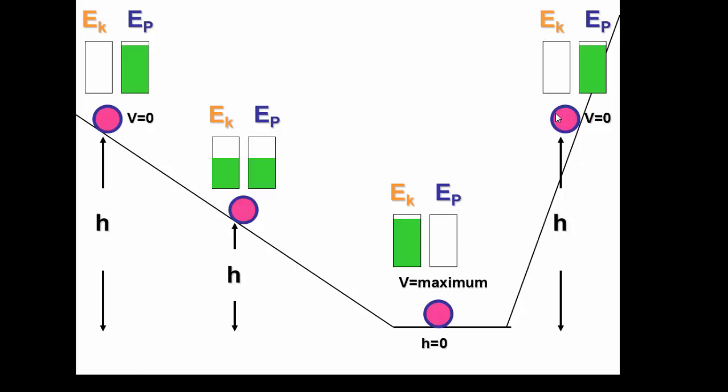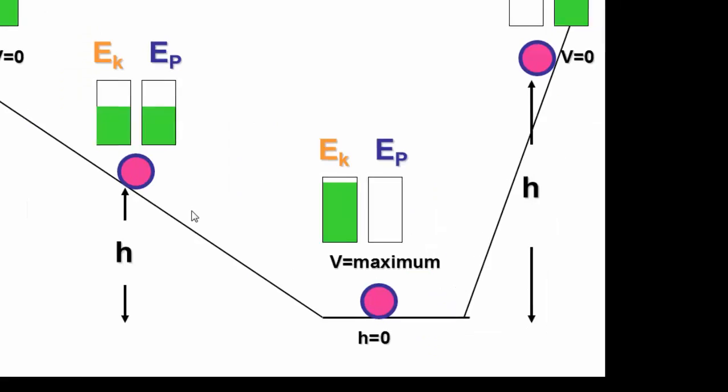Now, if there is friction, which is the case in the real world, it will lose all the energy to heat, and heat is thermal kinetic energy. So notice here when we talk about losing the energy, we're not talking about destroying energy, we are talking about energy changing form. So the energy will change from gravitational potential energy and mechanical kinetic energy into heat, which is thermal kinetic energy, due to friction.